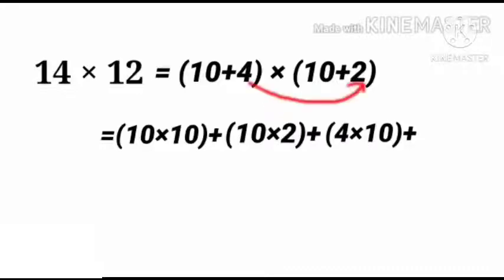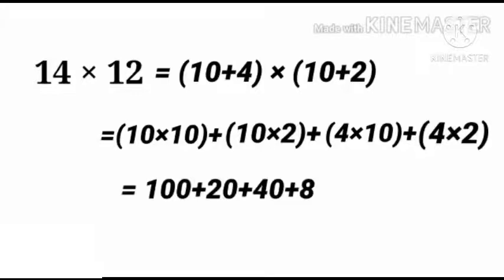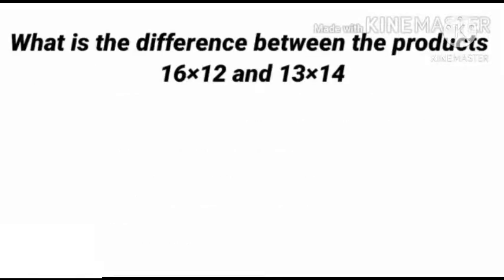Then multiply 4 by 2, that is 4 into 2. 10 into 10, 100 plus 10 into 2, 20 plus 4 into 10, 40 plus 4 into 2, 8. Then add these products together. 100 plus 20 plus 40 plus 8 equal 168.